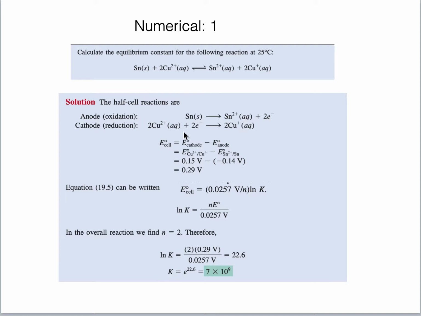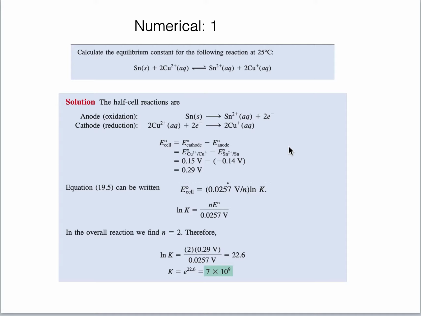It means that now each copper 2 plus is being reduced by 1 electron to give copper plus 1. To balance the reaction, we are using 2 moles of copper 2 plus because 1 mole of stannous gives 2 moles of electrons, and these will be picked up by 2 moles of copper 2 plus. So that's how this redox reaction is completed.